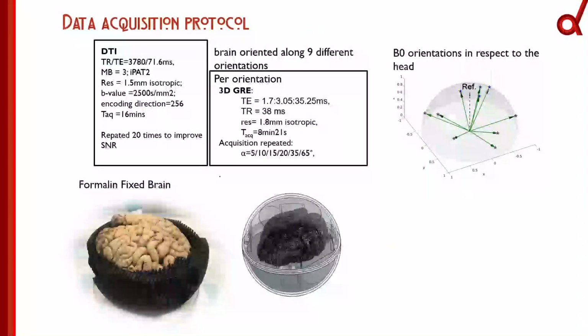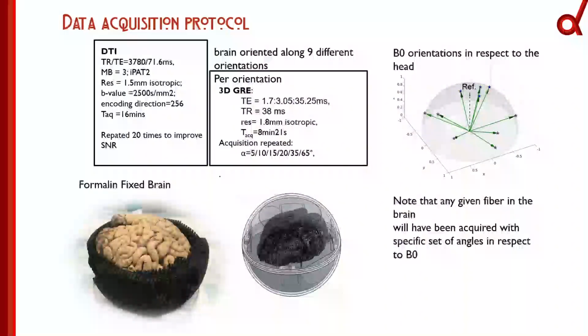So we did this ex vivo, because ex vivo brains are a lot more compliant in terms of rotation. We acquired some DTI and gradient echo images with multi-echo acquisition, and we rotated the brain a lot inside the magnetic field. We acquired one position with the brain in the normal supine position, and then rotated it heavily.